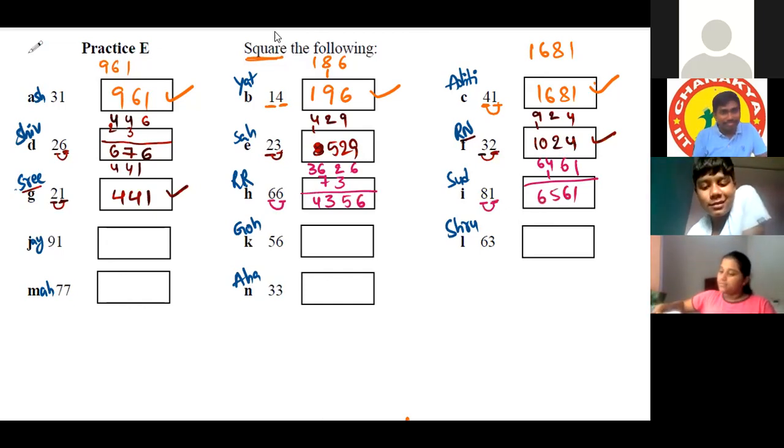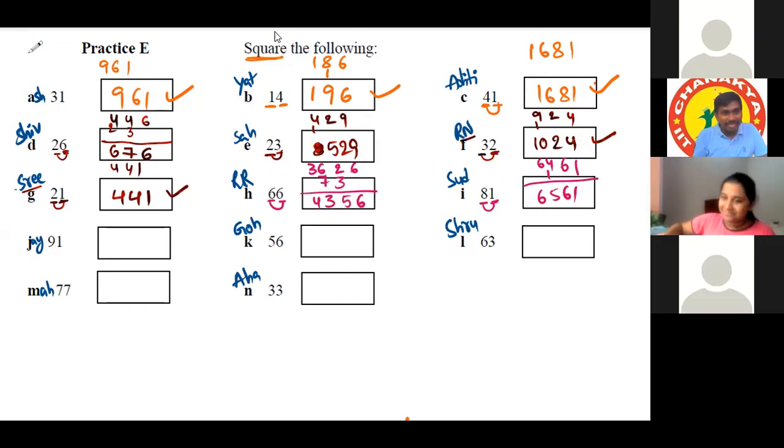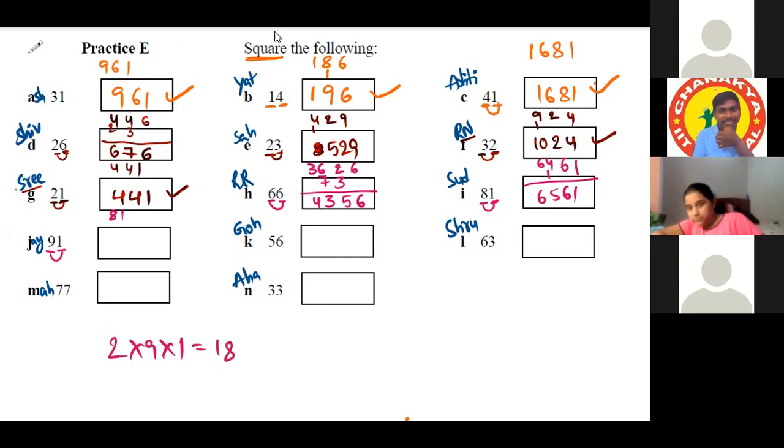Then Jayit. Balancing is kind of hard. Sir, 9 nines are 81. 2 multiplied by 9 multiplied by 1 is 18. Yes, simply 18.